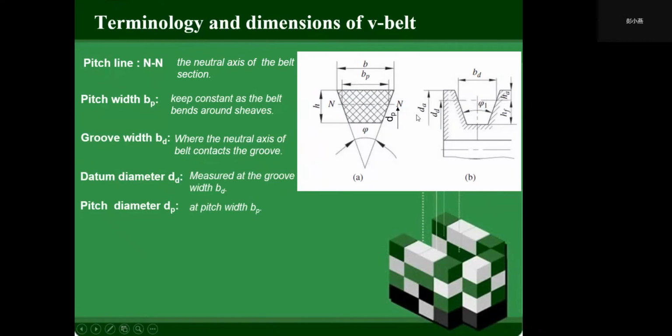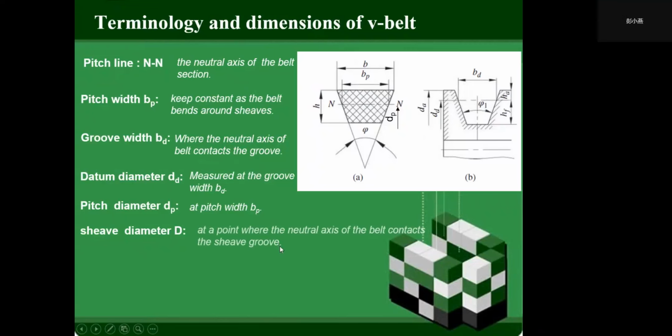We have DD is equal to DP. Sheave diameter D is at the point where the neutral axis of the belt contacts the sheave groove.